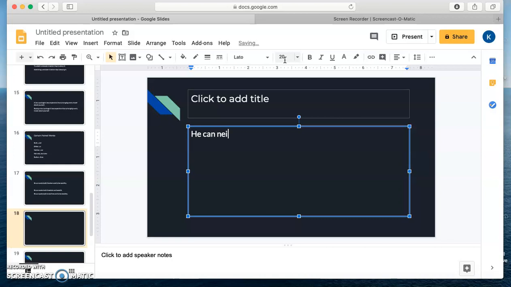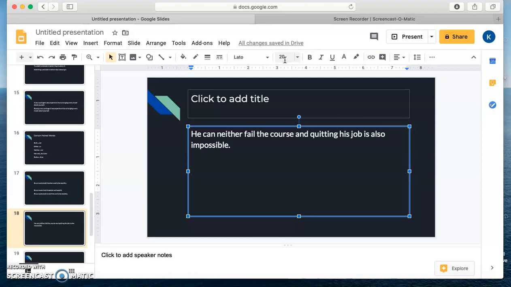"He can neither fail the course and quitting his job is also impossible." This is just a mess of parallel structure.